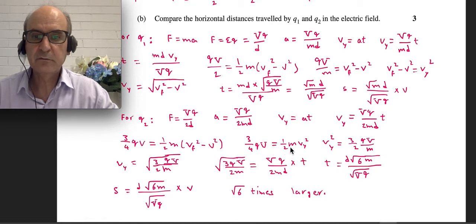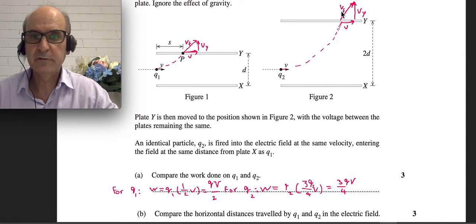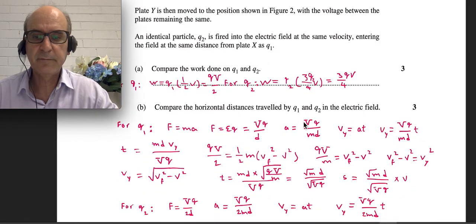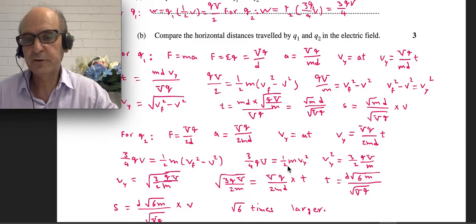and that is equal to Vf squared minus V squared, which gives you Vy squared using Pythagoras here. So Vf squared minus V squared gives you Vy squared. And Vy squared itself is equal to 3 on 2 Qv divided by m, just making Vy squared the subject from this equation.